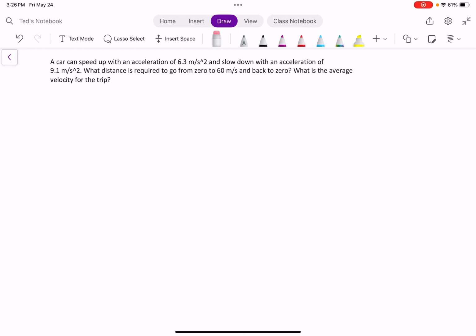Okay, so we cannot use constant acceleration for the whole trip at the same time because it doesn't have constant acceleration for the whole time. But we will assume that the acceleration is constant while it's speeding up and constant while it's slowing down.